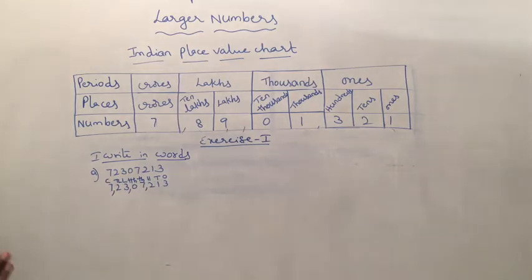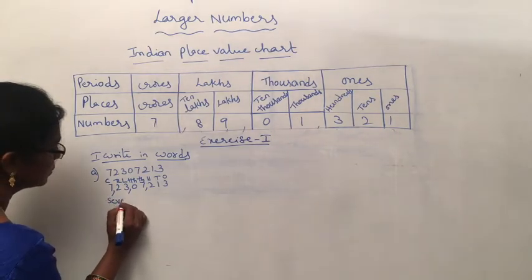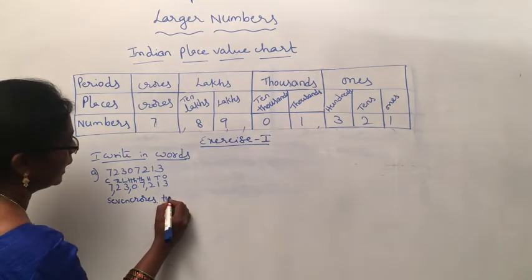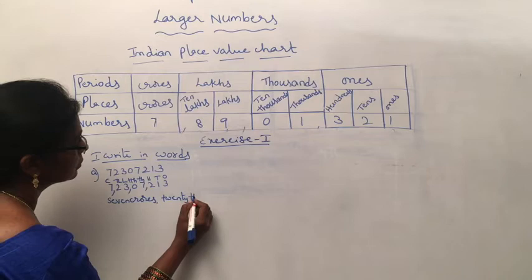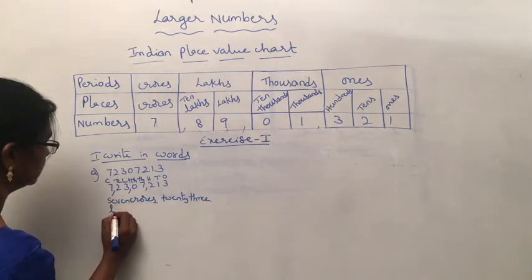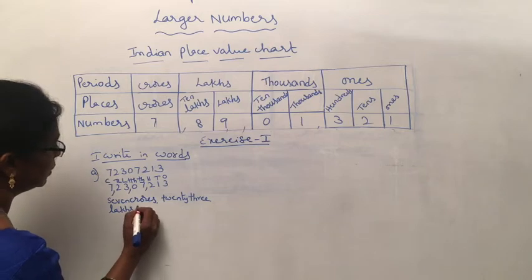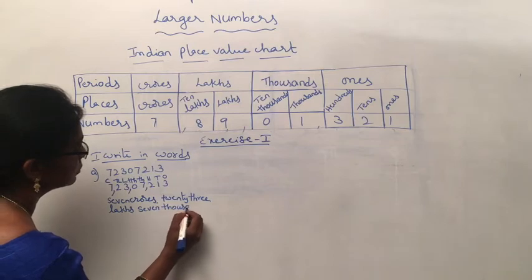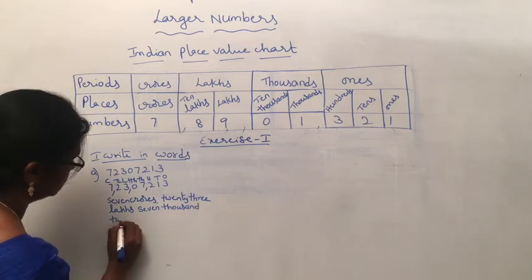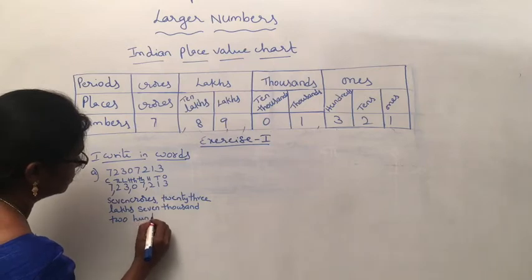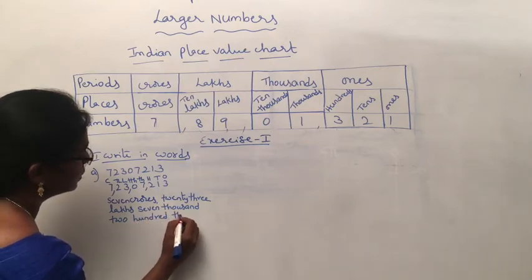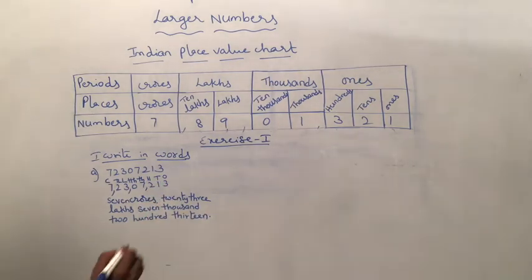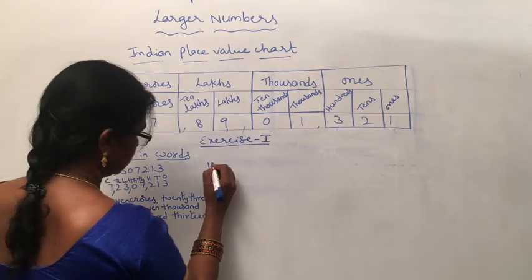Then we have to write as per period now. 7 crores, 23 lakhs, 7,000, 230. Now the second one. One more example I will teach now.